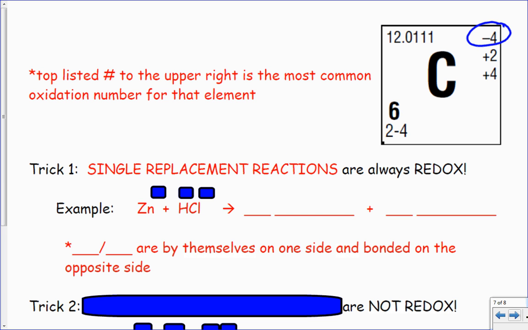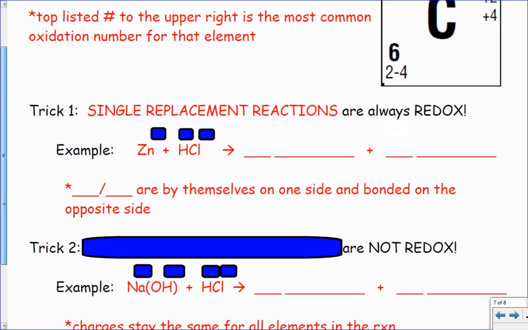The trick number 1, single replacement reactions are always redox. So it's always a single replace. If I have a single replacement reaction, it has to be a redox. And it has to be a redox because the Zn is going to start at 0, and that's part of the rules. We'll do all the rules next one. And here H is a +1 and Cl is a -1. So if I do my single replacement reaction here real quick, I'm going to end up with ZnCl and H. Well, H by itself is actually always H2, and it's going to have a 0 charge.